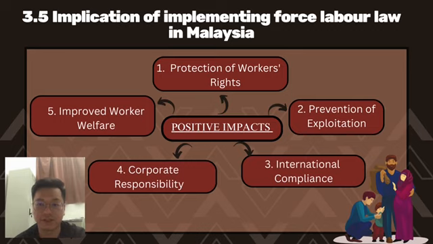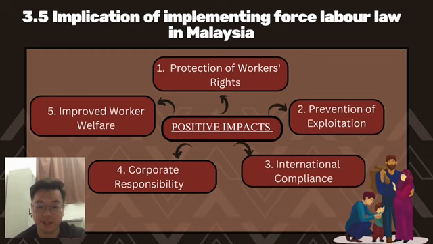The fourth one is corporate responsibility. Laws requiring forced labor compliance can motivate companies and sectors of the economy to embrace morality and good supply chain management. In order to stay out of trouble with the law and protect their reputation, businesses might be more likely to keep an eye on and handle forced labor situations.